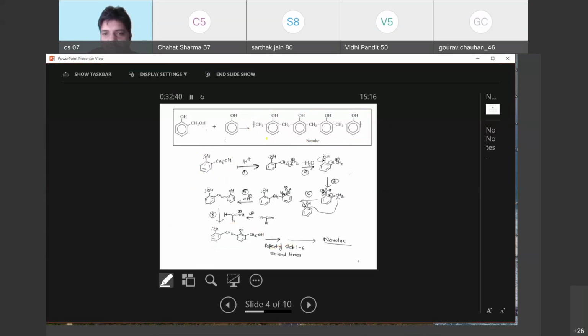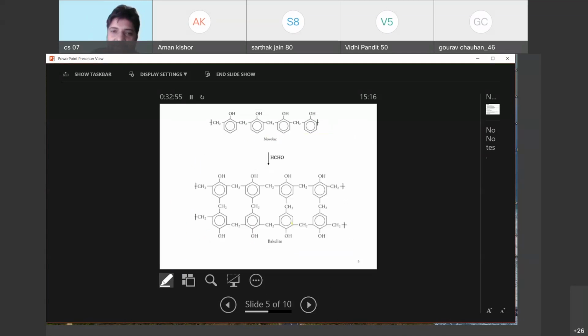Okay, so once we have this novolac, see, we now have a linear polymer formed. Okay, its cross-linking has not happened yet. After that, once we have this linear polymer, it will undergo cross-linking upon heating. Okay, so this is our novolac. Okay, and in the presence of HCHO and acid, it simply forms bakelite.